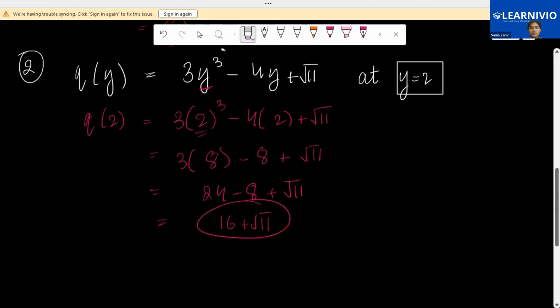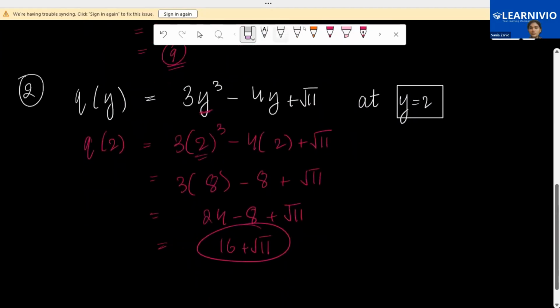Now, yes, children, just quickly copy this one also. Done. Once you've copied, Hafsa, please quickly copy and then we'll continue.